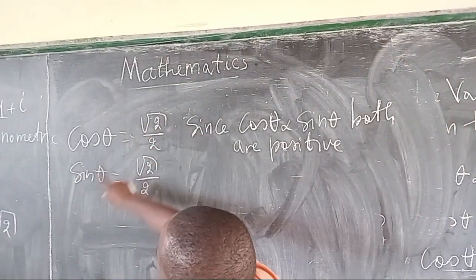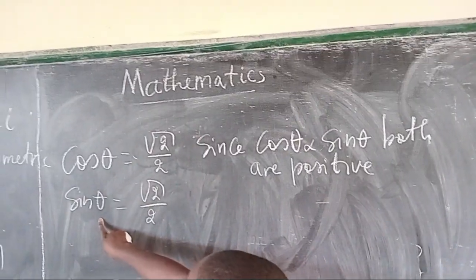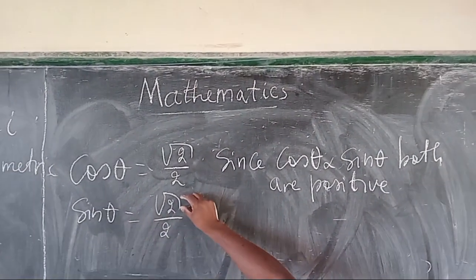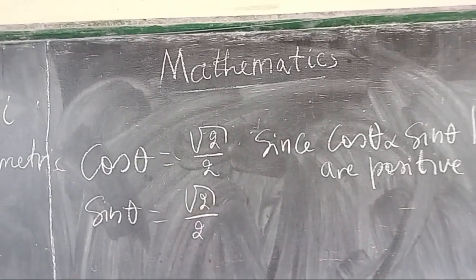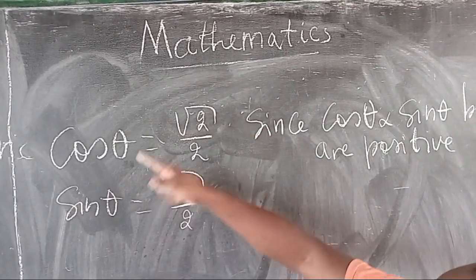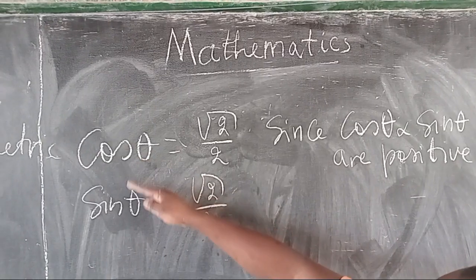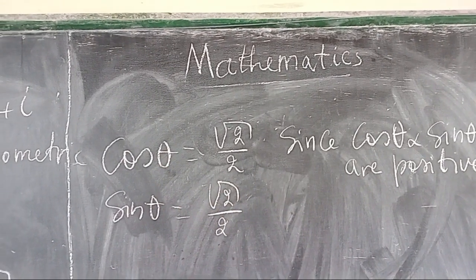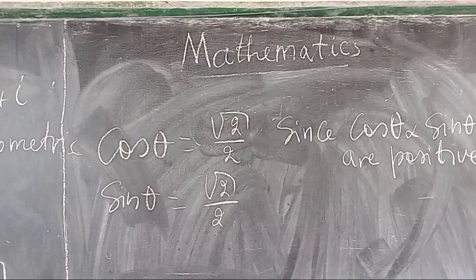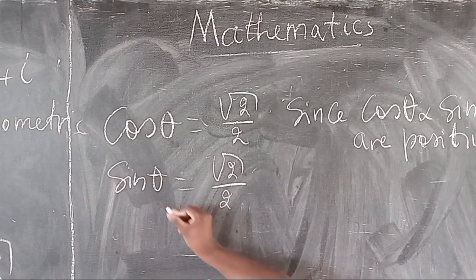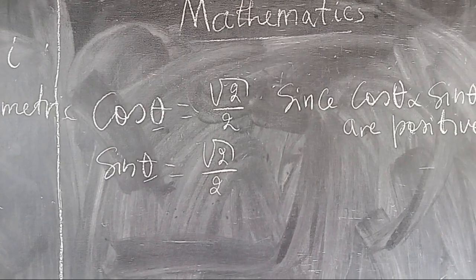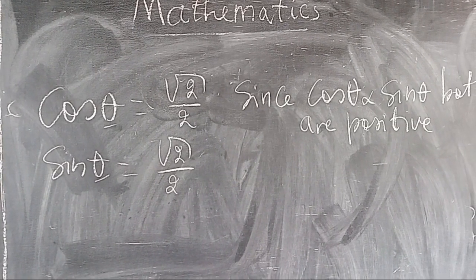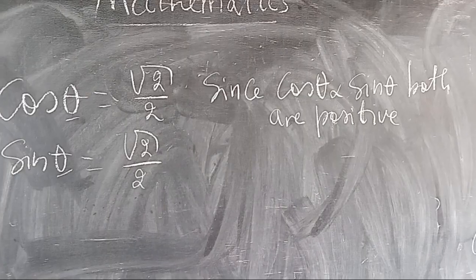Positive value: sine of an angle theta equal to square root of 2 again out of 2. Because both sine and cosine have a positive sign, it shows me that argument theta should be located in the first quadrant of my given unity circle.